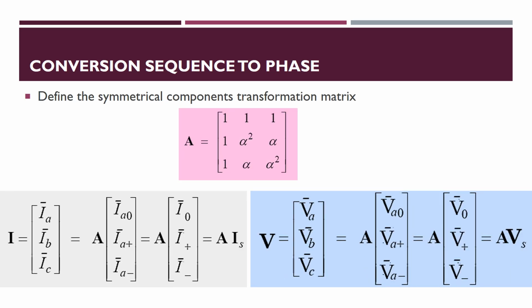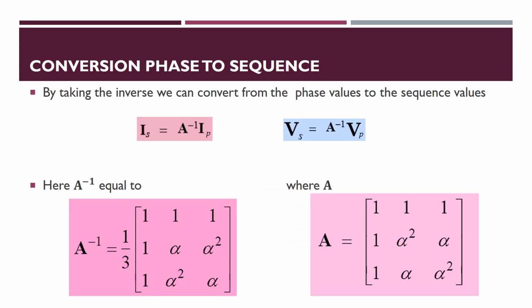Here, defining A as the matrix with rows 1 1 1, 1 alpha squared alpha, 1 alpha alpha squared, you can have the equation Ip equal to A into Is, and Vp equal to A into Vs. So Is is equal to A inverse Ip, and Vs is equal to A inverse into Vp. Then A inverse is equal to 1 over 3 into 1 1 1, 1 alpha alpha squared, 1 alpha squared alpha.